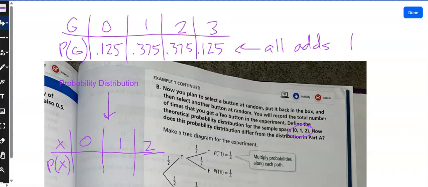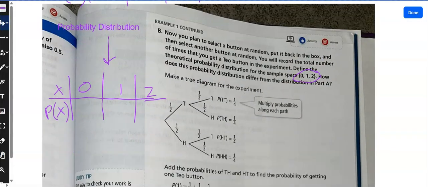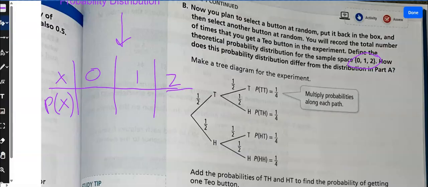We still haven't decided on this Teo example how this is going to work, but we can make a tree diagram if we wanted to. So when we reach in the box the first time, we have a 1/2 chance of getting a Teo. And when we do it again, we also have a 1/2 chance.